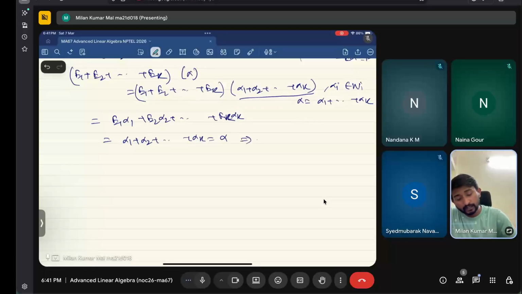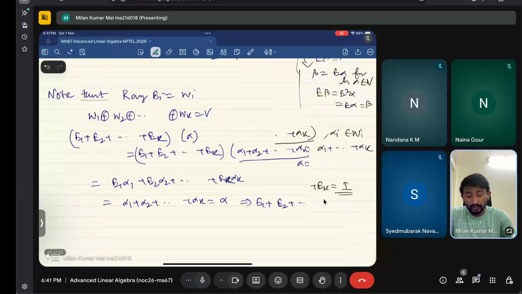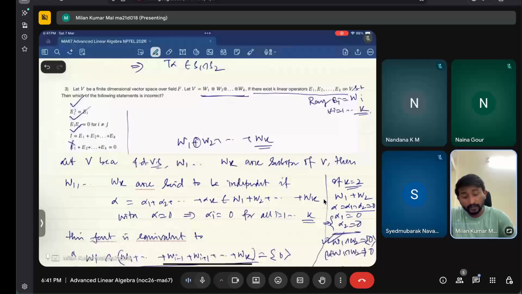This implies that E1 plus E2 plus Ek equals the identity. So this option is correct, but here it is asked for the incorrect option.